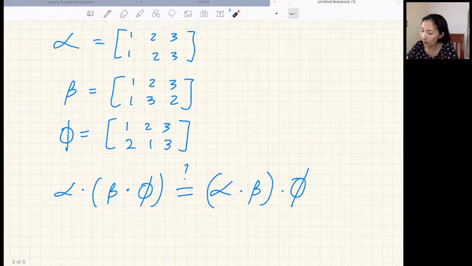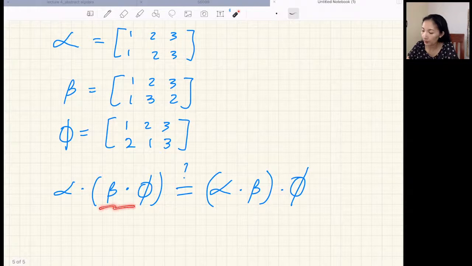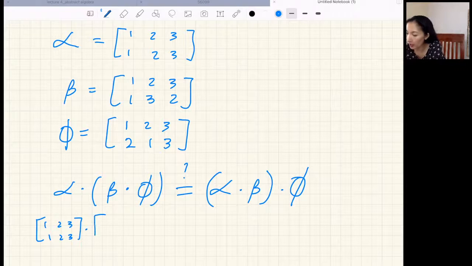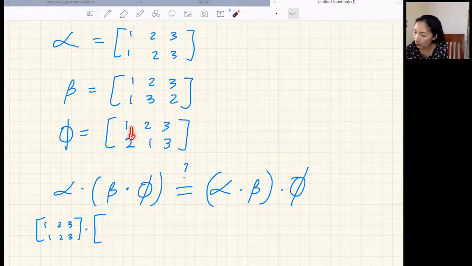What will this be? Let me copy. 1 2 3 over 1 2 3. And the result from here. Let's see. Begin from phi, yes? 1 is mapped to 2, and 2 is mapped to 3. So 1 goes to 3.